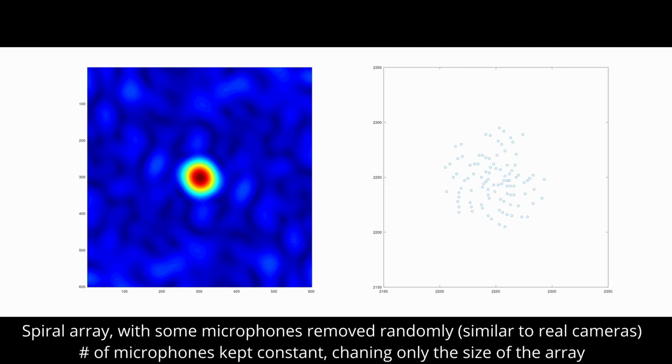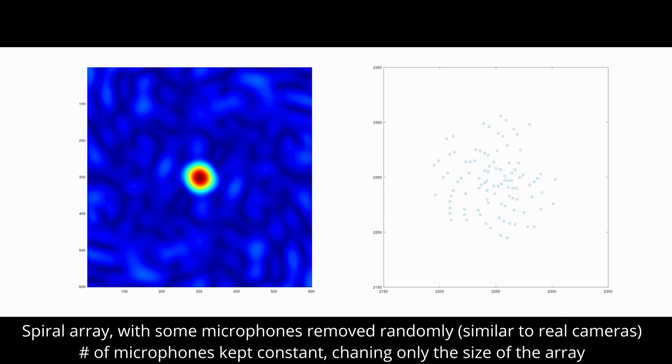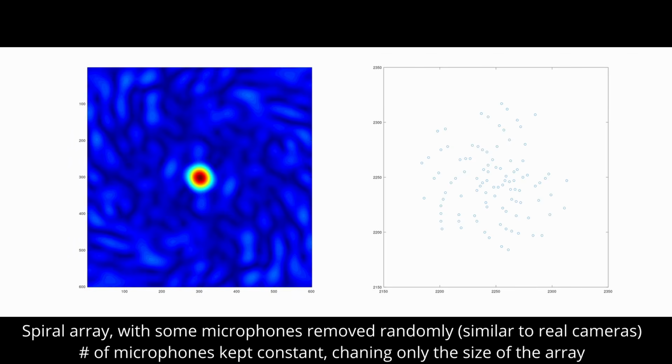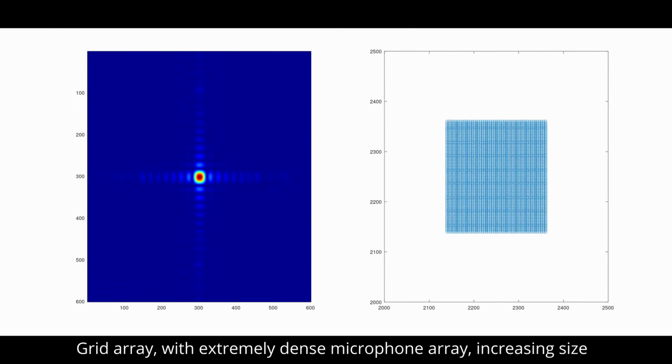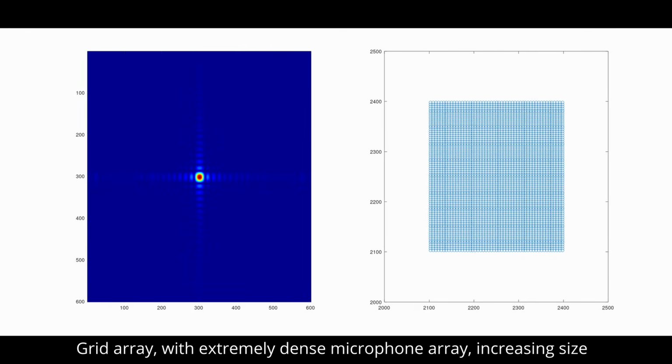I don't have a great intuitive analogy for how the arrangement of the array maps to the resulting image distortion, but I do have a script that can show it, so I'll just let a few of these run.